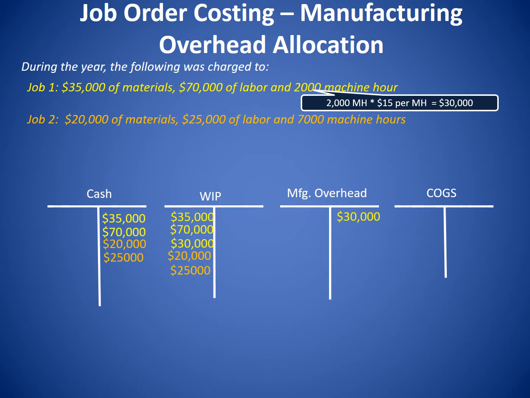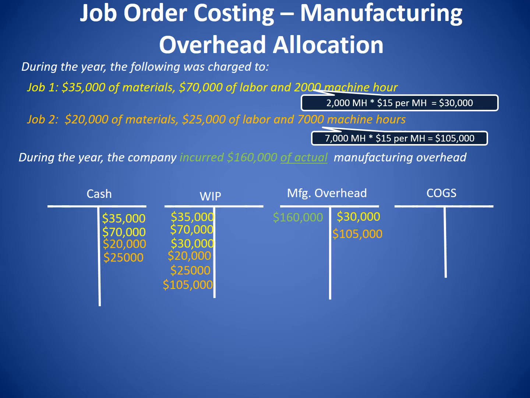Now, in order to calculate overhead, I'm going to have to calculate the dollar value again. It'll be 7,000 machine hours times $15 an hour. So that's going to be $105,000. So I debit work in process for job number 2, $105,000, and I credit manufacturing overhead for $105,000.